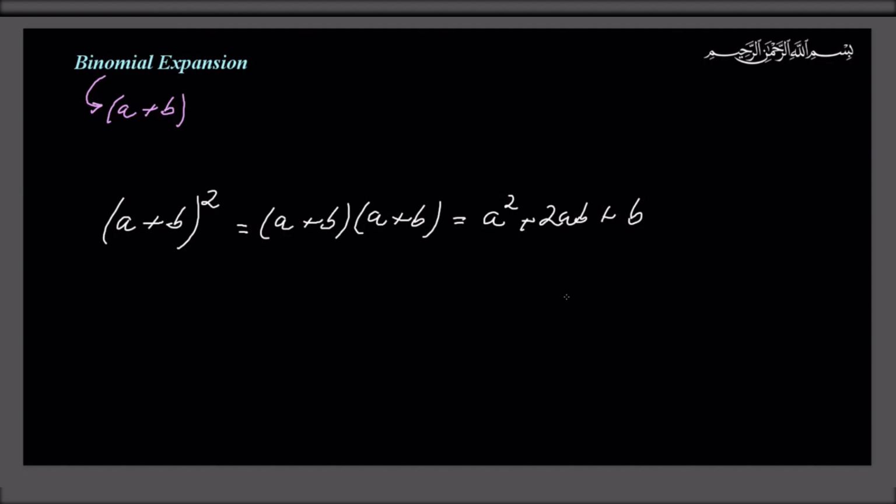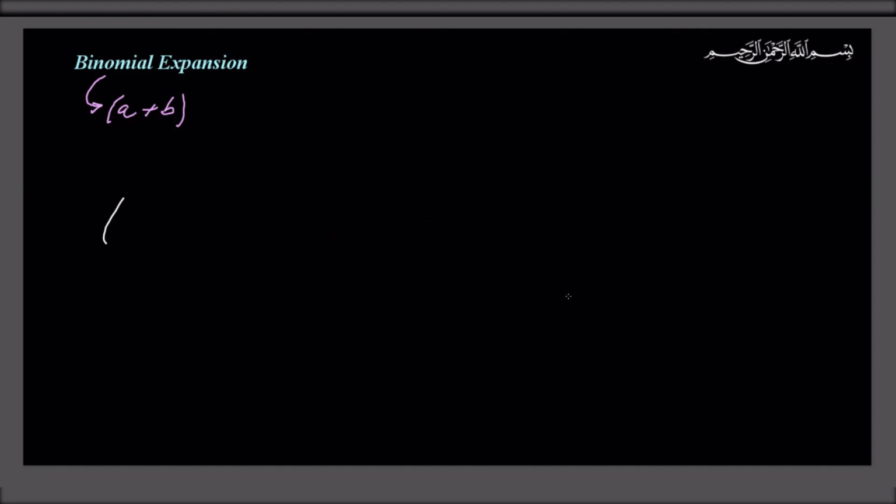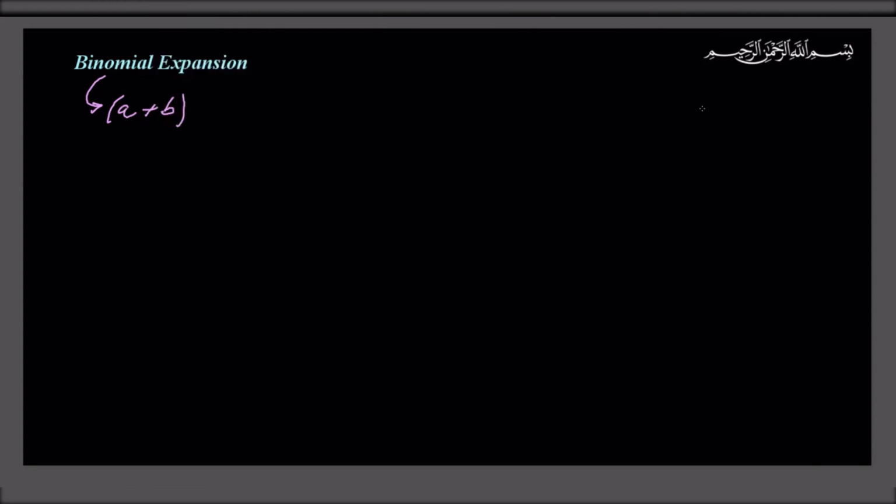Now, if you recall from before, this is basic knowledge which you need to have memorized. We have done these basic binomials. A plus b squared is a squared plus 2ab plus b squared. This is a review.